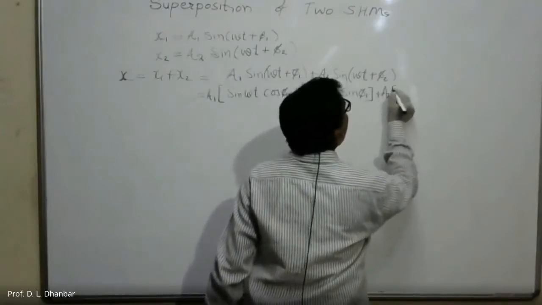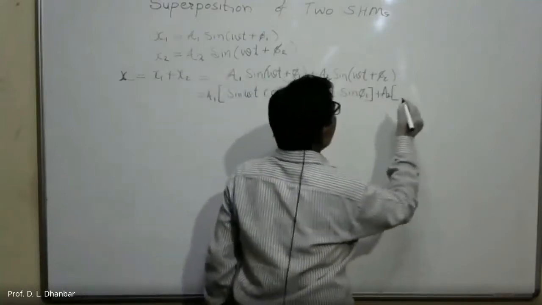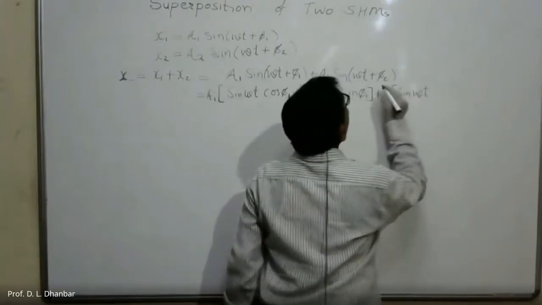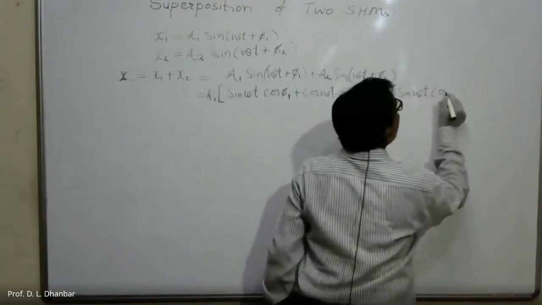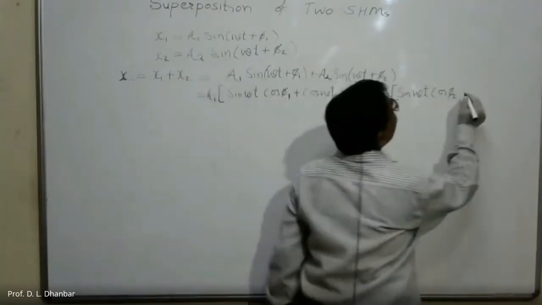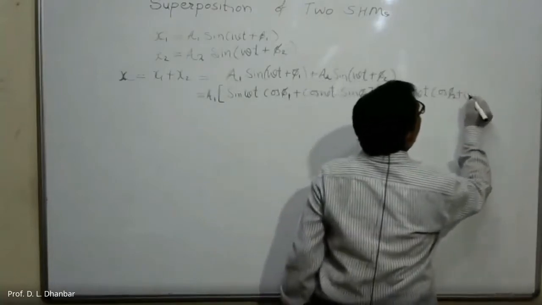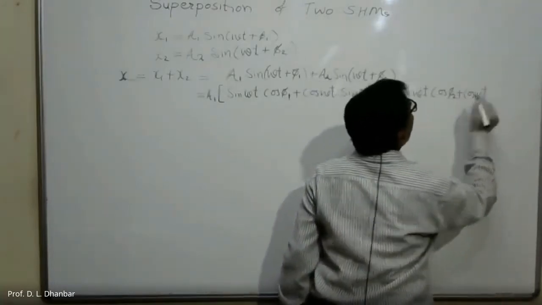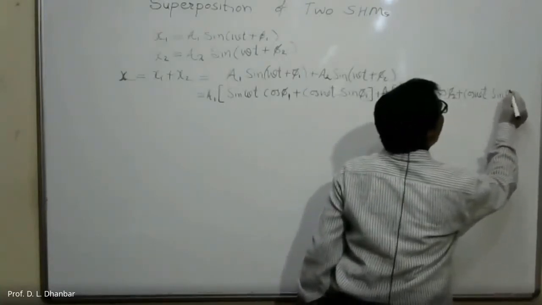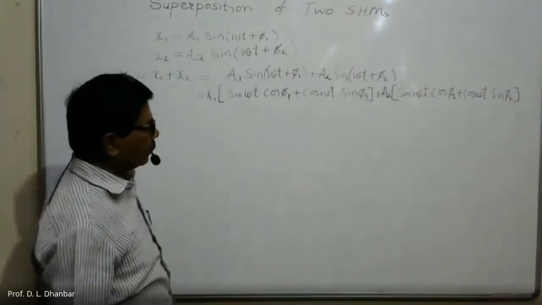a2 we keep outside the bracket, and the expansion of this term will again be sine of omega t cos of phi 2 plus cos of omega t sine of phi 2.